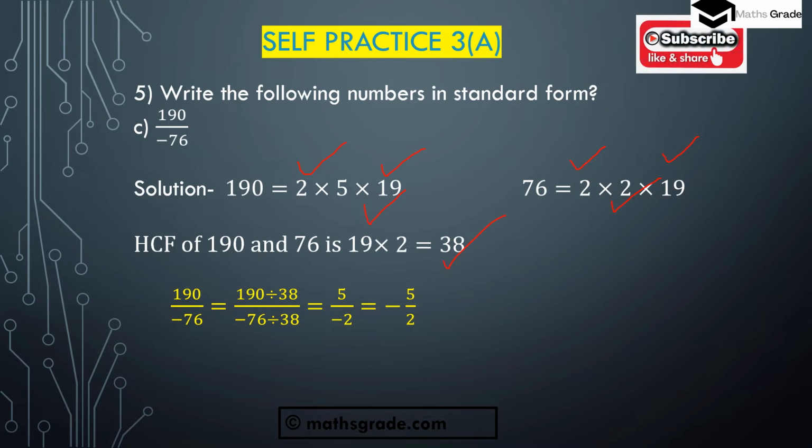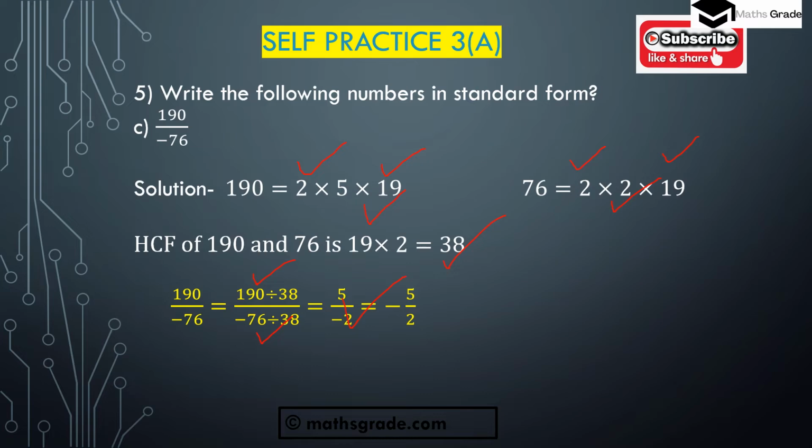Now divide the numerator 190 and the denominator 76 by the highest common factor 38. We get 190 divided by 38 and 76 divided by 38. 190 divided by 38 is 5 and 76 divided by 38 is 2.